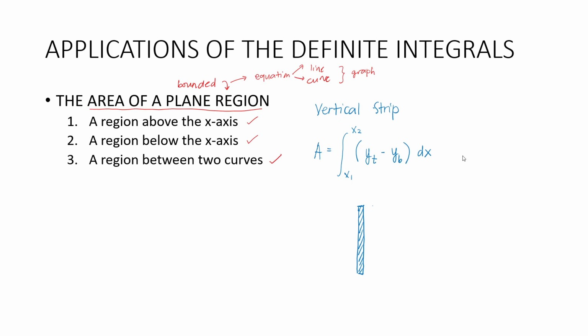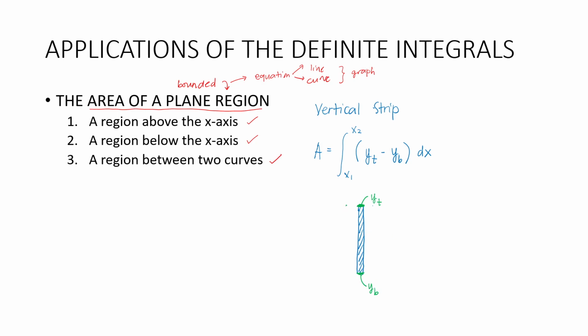To interpret the formula, all you have to do is look at the top portion of the strip. For example, this one is the top portion. Whatever the top portion is touching, say this particular equation, that would be your y top equation. Then whatever the bottom of the strip is touching would be the y bottom equation.